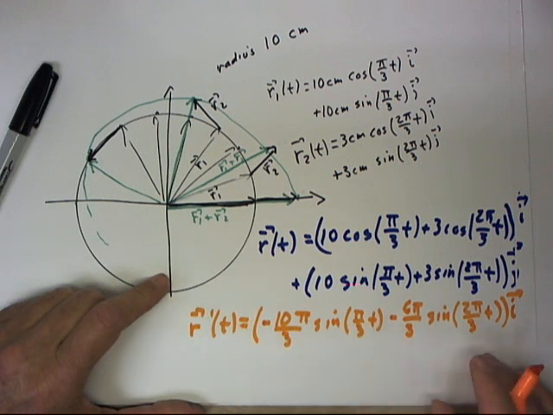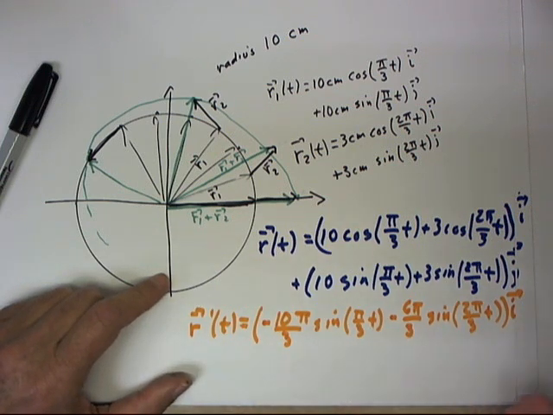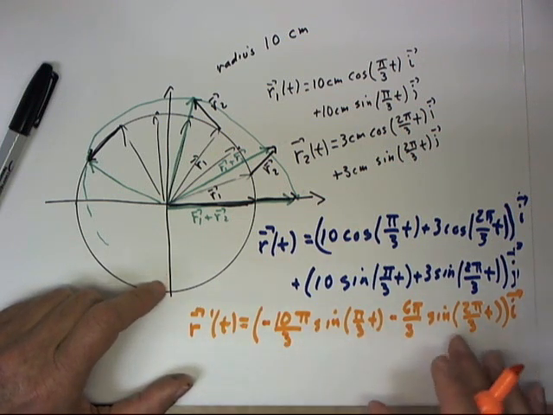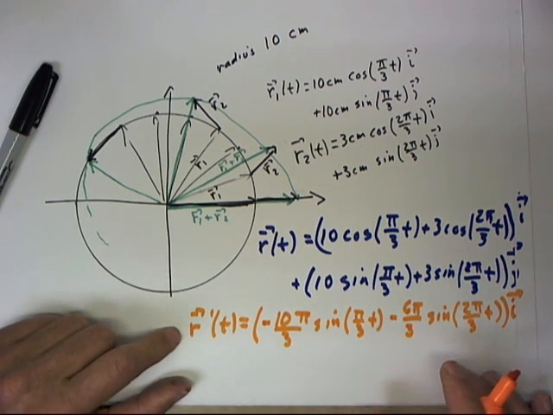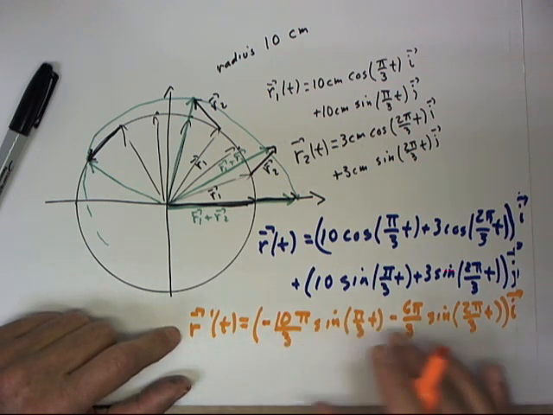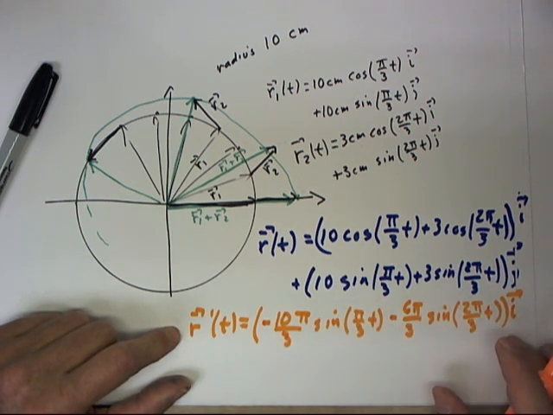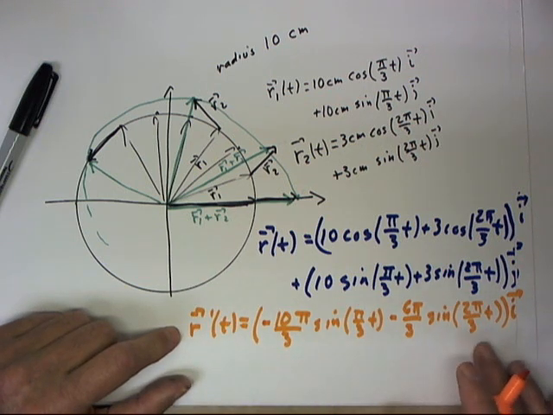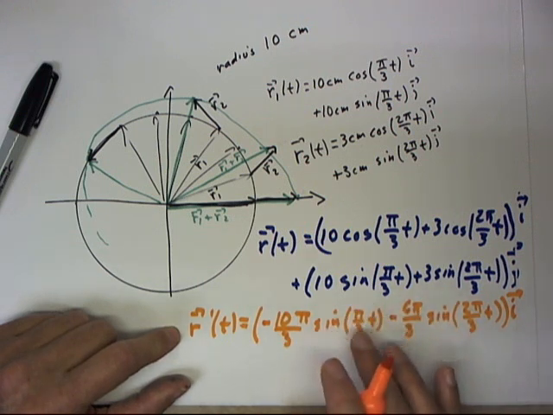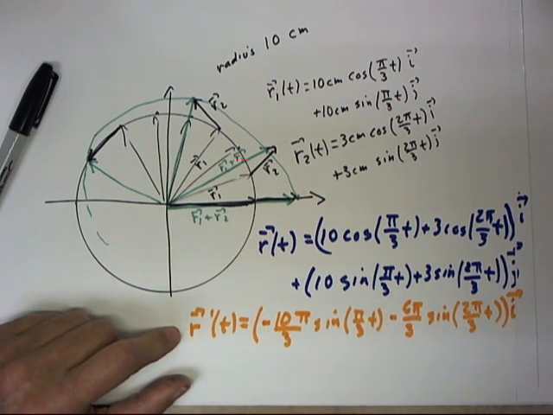Now that's a relatively straightforward derivative. It's a little messy, it's a little long, and things can get much messier and much longer, and as we will see, they can do so rather rapidly. But this is going to be the I component of our velocity vector. We can combine these signs using trigonometric identities and learn more about the behavior of this I component, but we're not going to worry about that for right now.